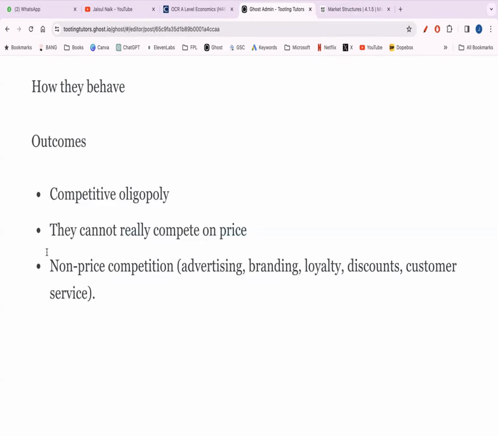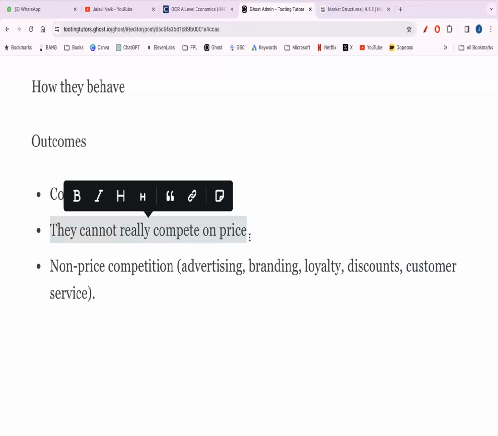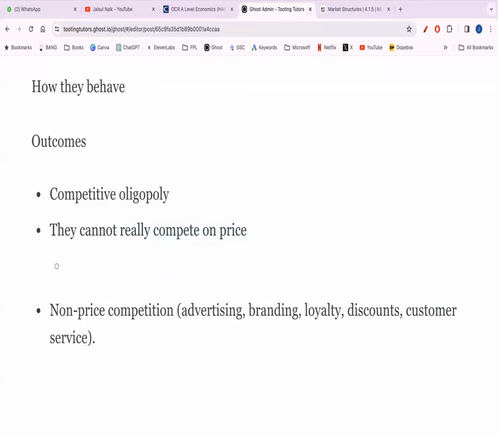And the reason they can't compete on price is because if they were to lower the prices, what would happen? So if you were to lower your prices, what would your competitors do? Would they lower the prices as well? Exactly. So then there would be no benefit of lowering prices because both of you are just lowering your prices for no reason, right?